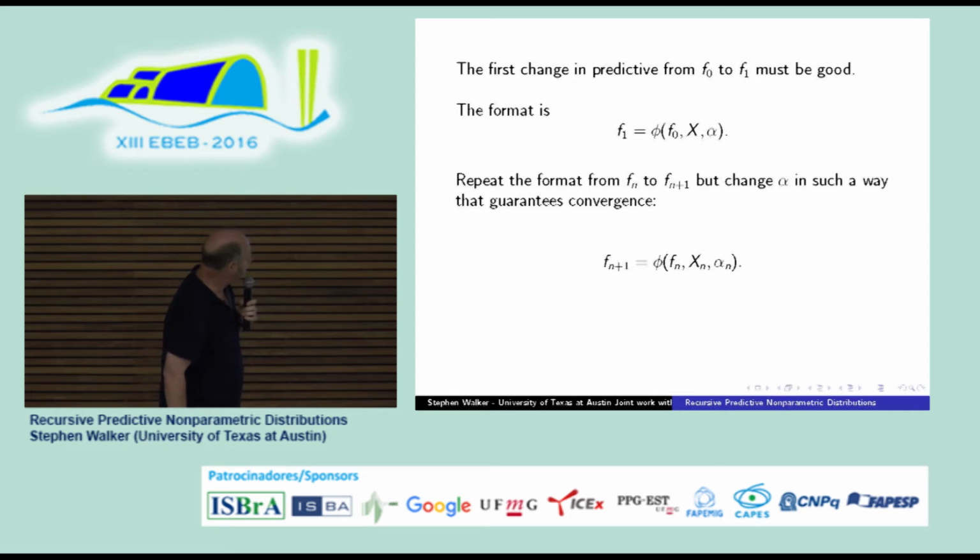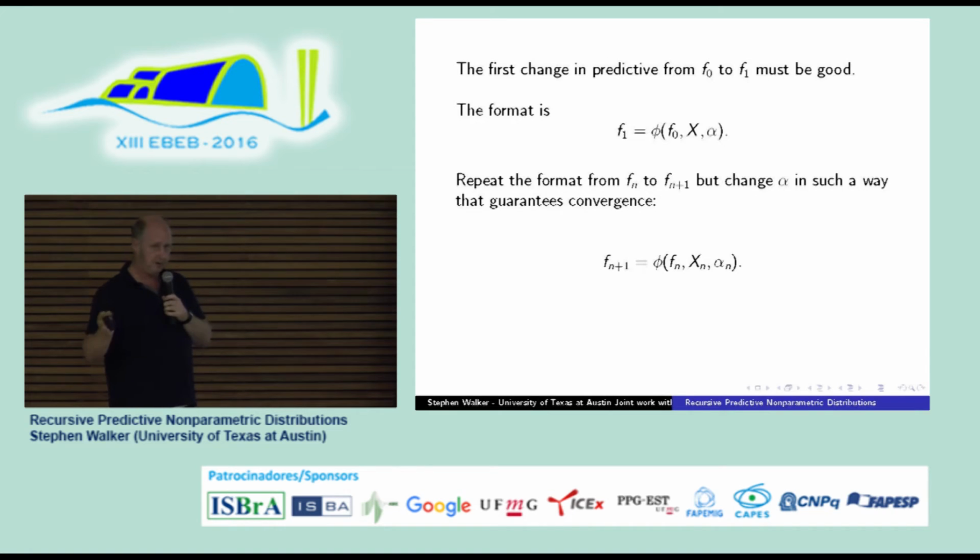And the basic idea is to take the first update from a non-parametric model, which has this mixing parameter alpha. The idea is to repeat that update. That alpha controls how fast you go to the independence copula, just like any parametric model would do as well.